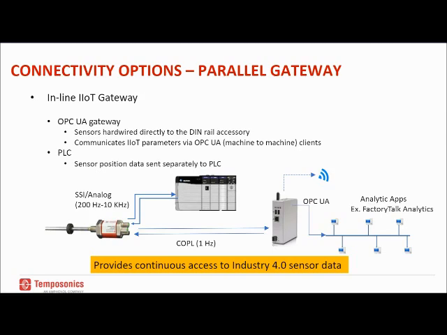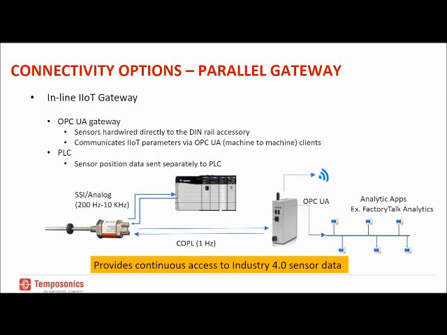That's analog as well as SSI sensors. So you have to fork that information off. Ultimately, the position data goes up to the PLC, and any Industry 4.0 data goes directly from the sensor to the OPC-UA module.